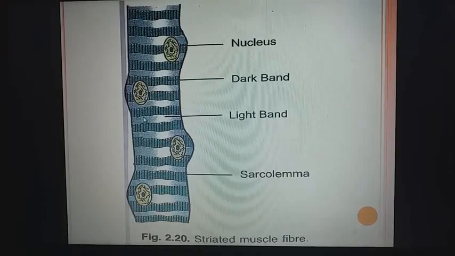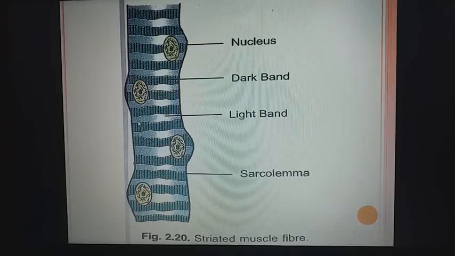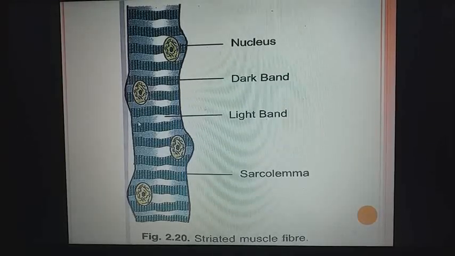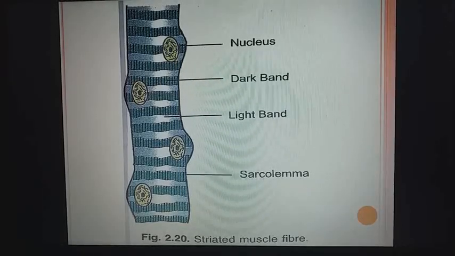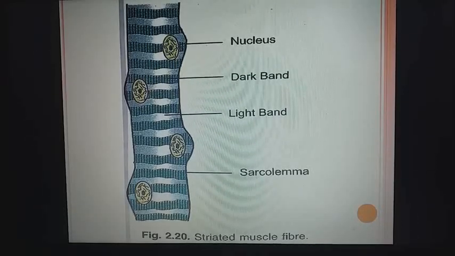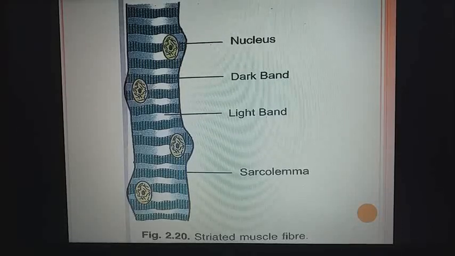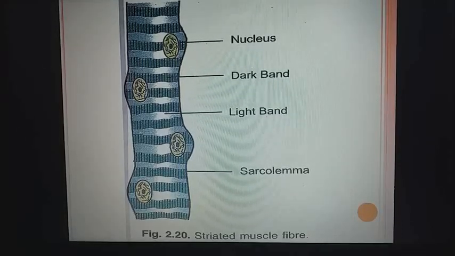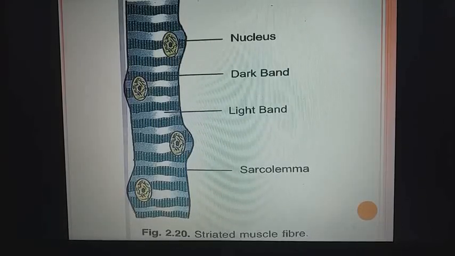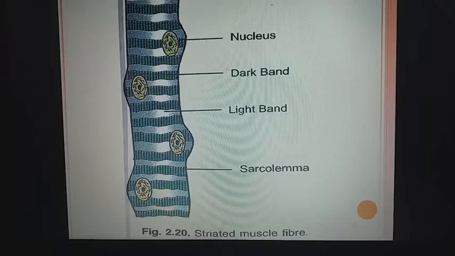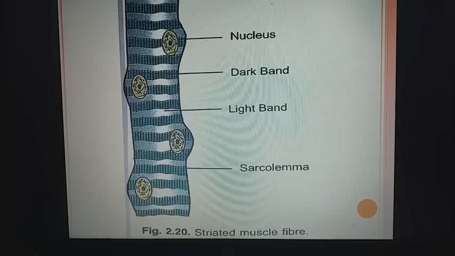So children, question can be asked that why it is known as the voluntary muscle or why it is known as the skeletal muscle. So the answer will be that as it is under our control, that's why it is known as the voluntary muscle. Now question can be asked that why it is known as the striated muscle, because it is having the alternate light and dark bands. That's why it is known as the striated muscle.